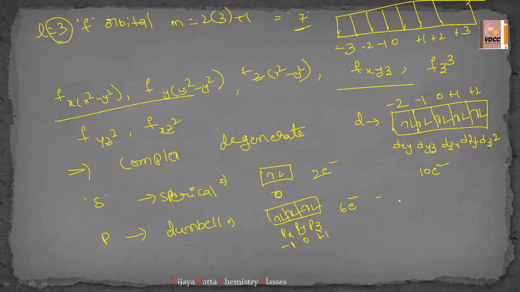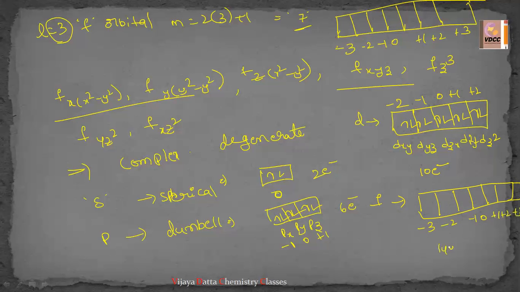Now come to the f orbital. F orbital can have 7: 1, 2, 3, 4, 5, 6, 7. Right, so this is also minus 3, minus 2, minus 1, 0, plus 1, plus 2, plus 3.